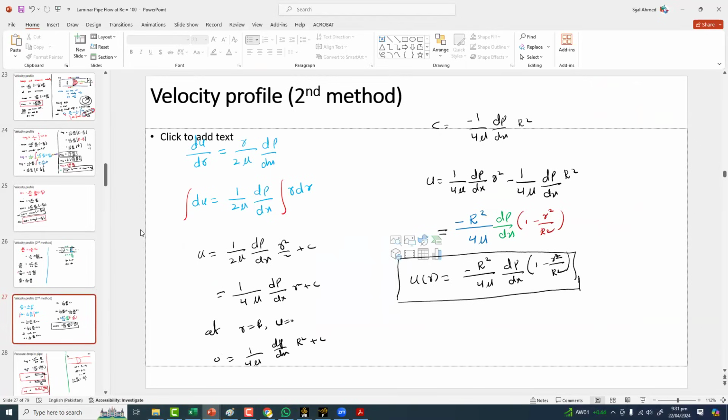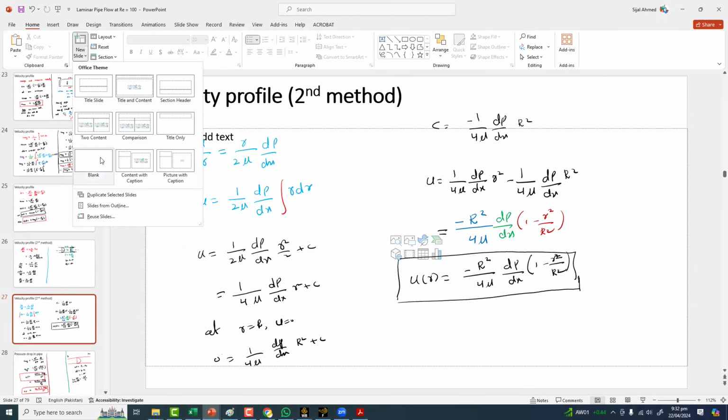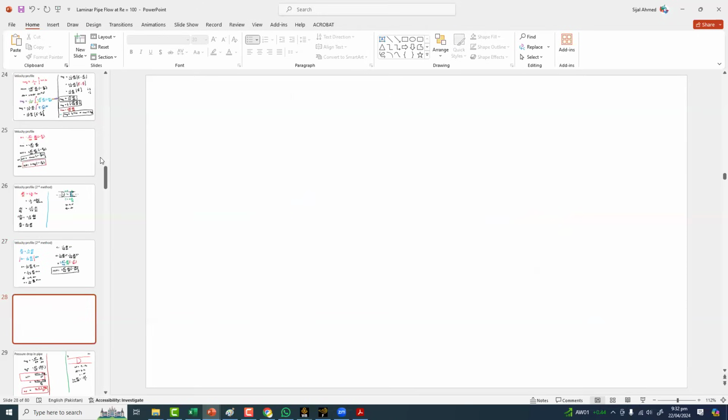Y plus is actually a non-dimensional wall distance. Okay, wall distance. So you will ask, what is the meaning of this? Actually, see, we are solving the problem here: flat plate again.